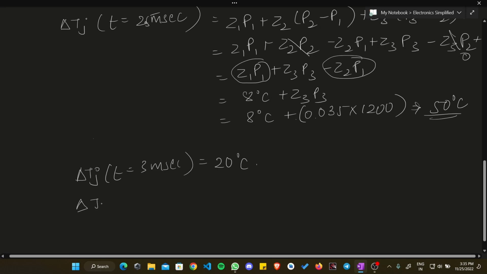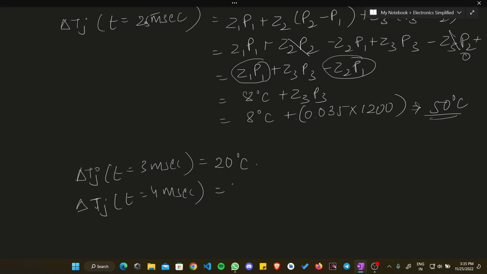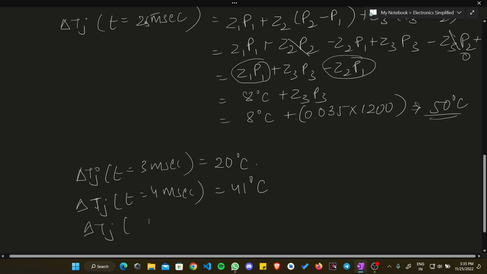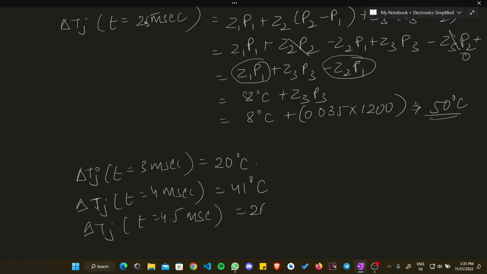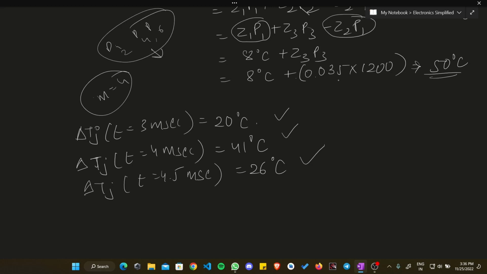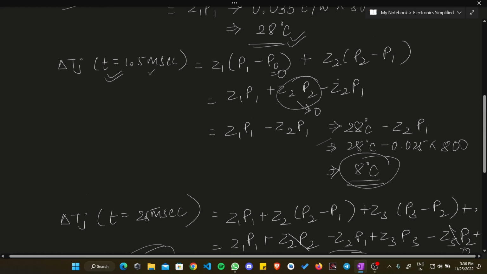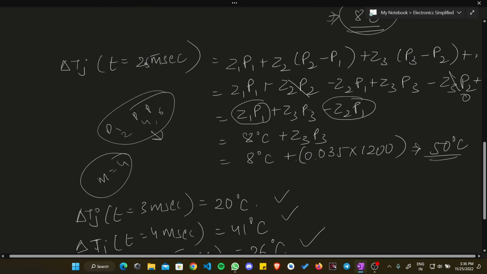Similarly for t equal to 4 millisecond, you will get 41 degrees Celsius. And for t equal to 4.5 millisecond, you will get 26 degrees Celsius.